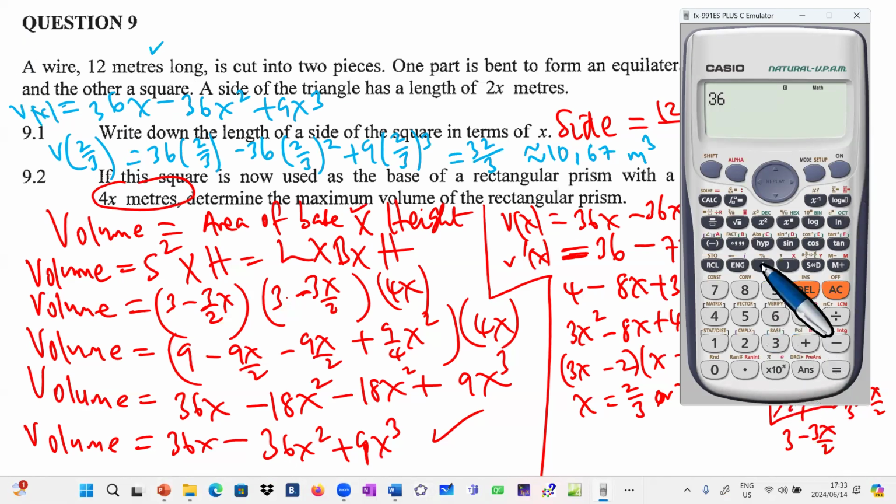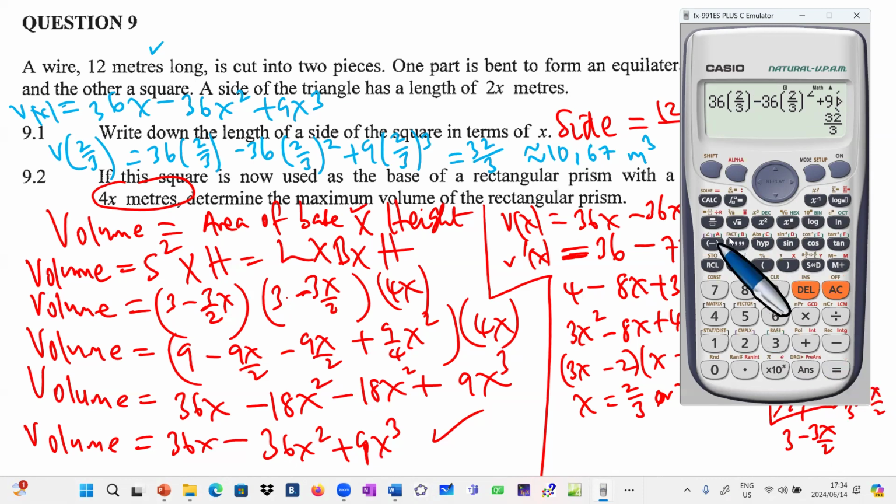Okay, we have 36 times 2 out of 3, minus 36 times 2 out of 3, and then you square it, plus 9 times 2 out of 3, cubed.